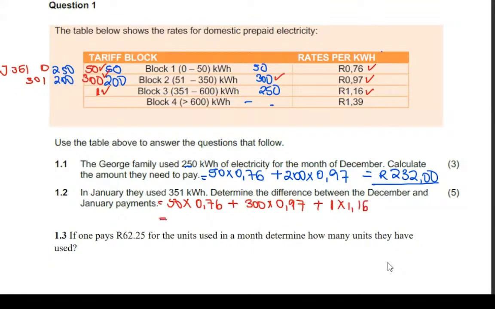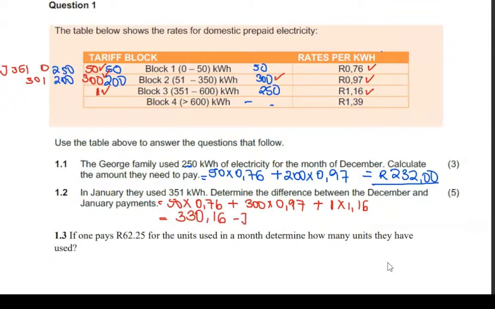Multiply everything as you add. So we add and we get the value as, you see? So this is the money, this is January.